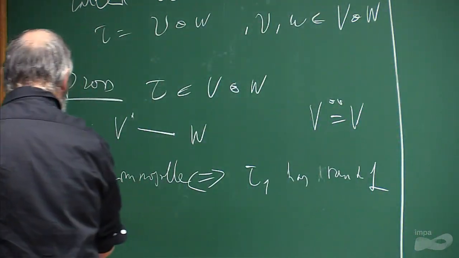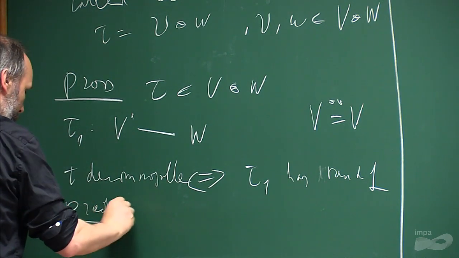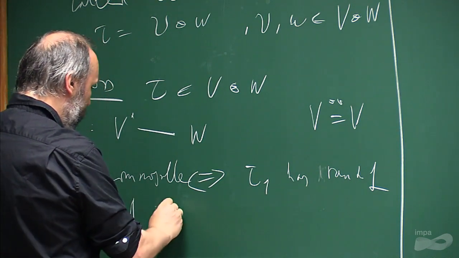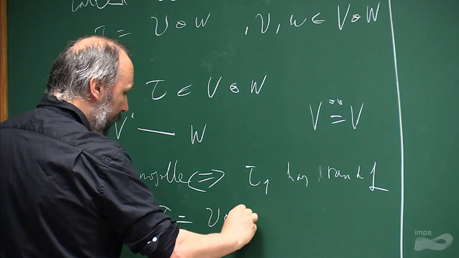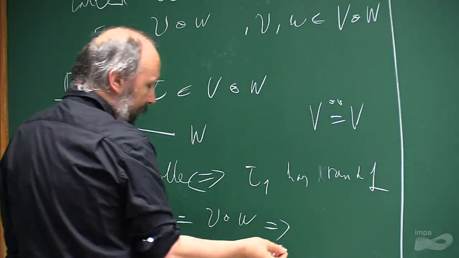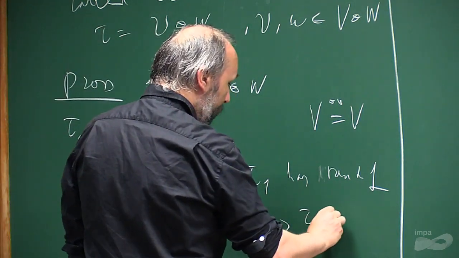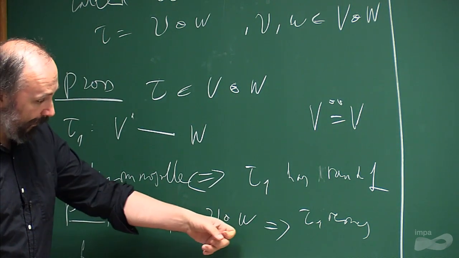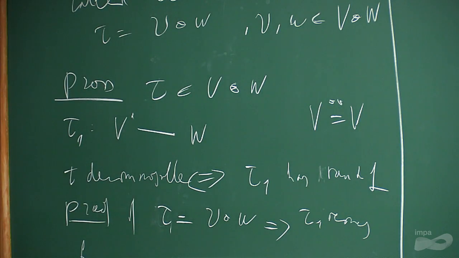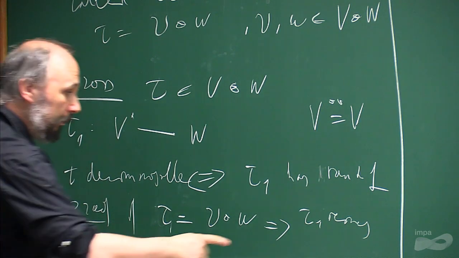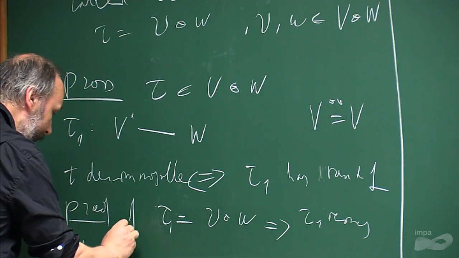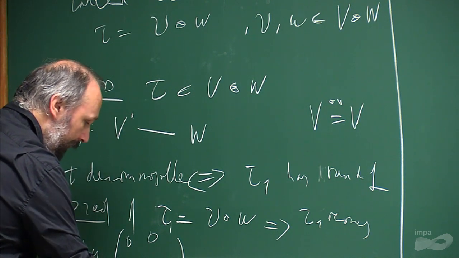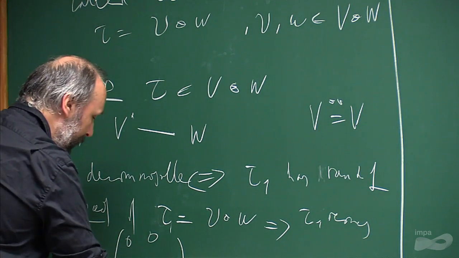Okay, so its proof is completely clear. Proof: if tau is v times w, then tau 1 is represented, in an appropriate basis, so we take a basis which has v and w as its vectors, by a matrix which has zeros everywhere except one place, ij, where it is just 1.